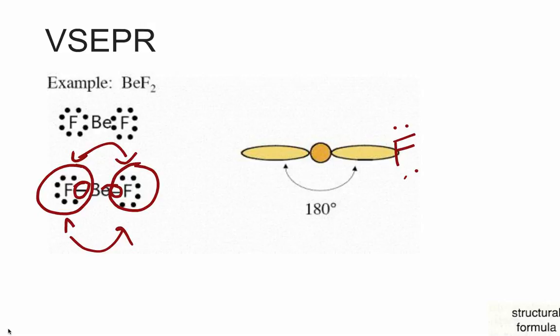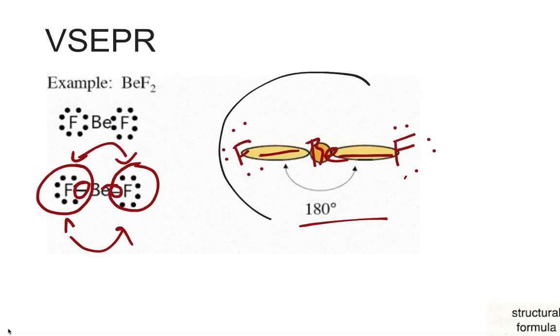We're going to have one fluorine with its lone pairs on one side, one fluorine with its lone pairs on the other, with beryllium in the middle. So they are going to be what we call 180 degrees apart. If we drew them across a circle, they would cut the circle in half, so they're 180 degrees apart. This type of shape is called linear.